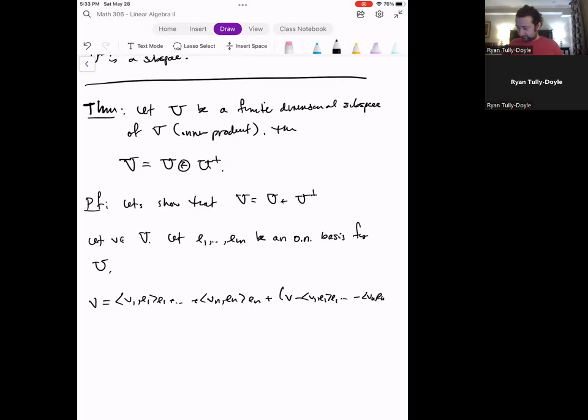Of course, this is equal to v because here's a v, this is a positive bunch of vectors, and here's the negative of those same vectors, and everything cancels, and all you're left with is the v. So we've just uncanceled something really fancy.